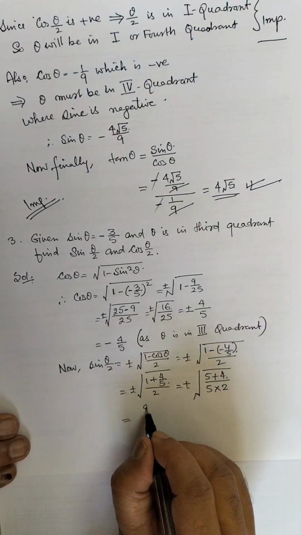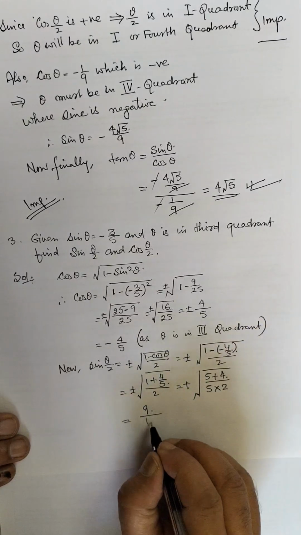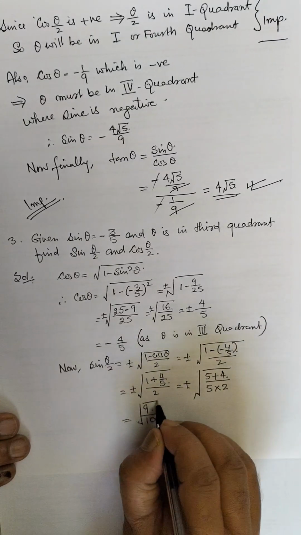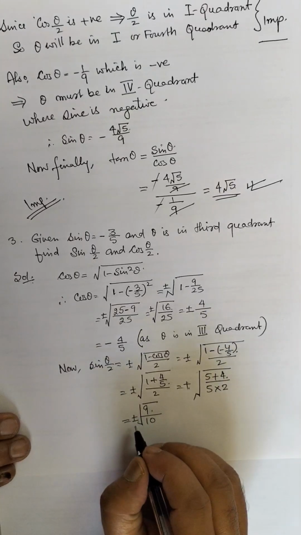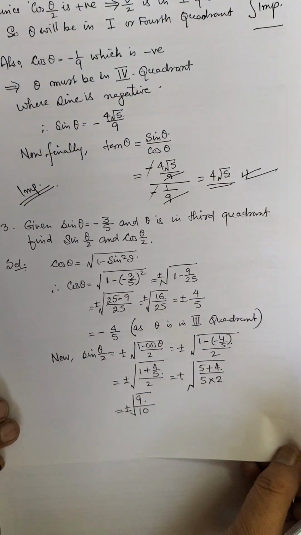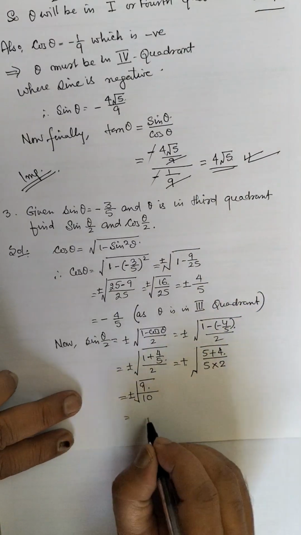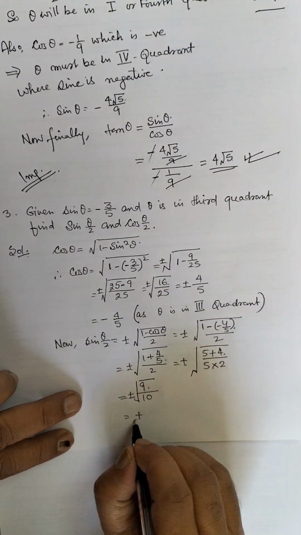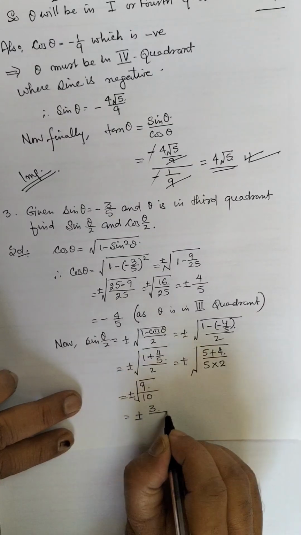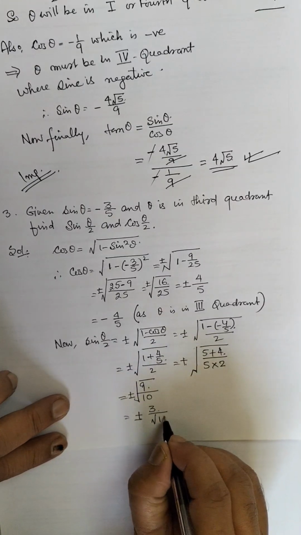This is 9 on 10 under root, or this can be written as plus or minus 3 root 10.